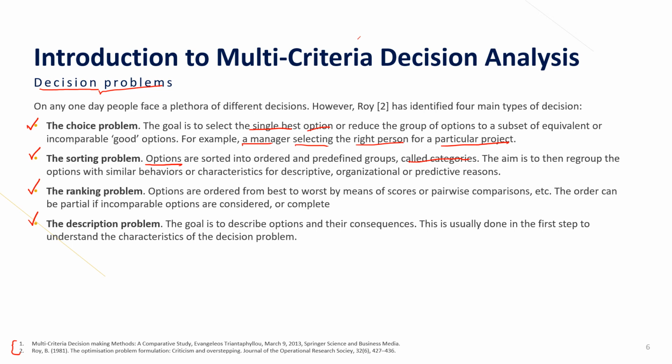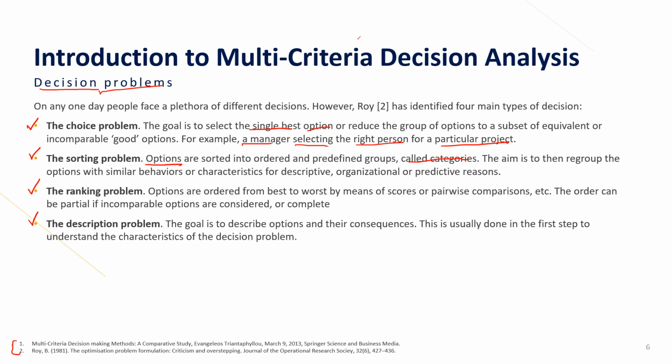The aim is to sort or cluster the options with similar behavior into groups for descriptive, organizational, and predictive reasons. When you are able to cluster them into groups that have similar characteristics, it will be easier to provide descriptive analytics or predict the reasons why they can be clustered that way.